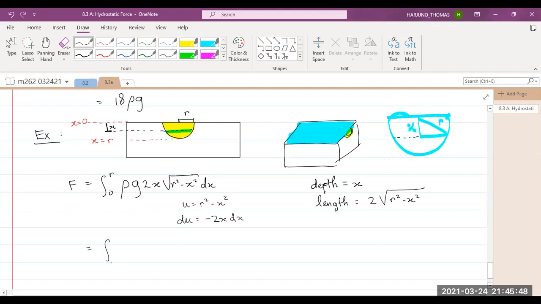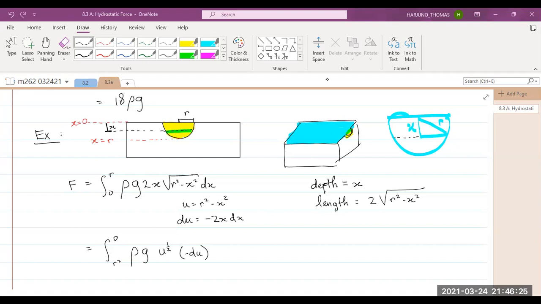That's the integral from r squared to 0 of rho g u to the power of 1/2 negative du. What happened to the r squared? Which r squared? When you do the u-sub and you find the derivative, r is a constant. So when you take the derivative, it becomes 0.